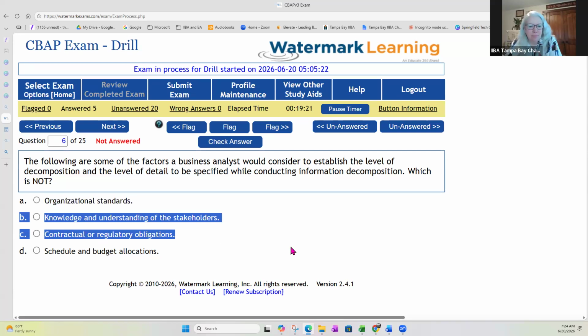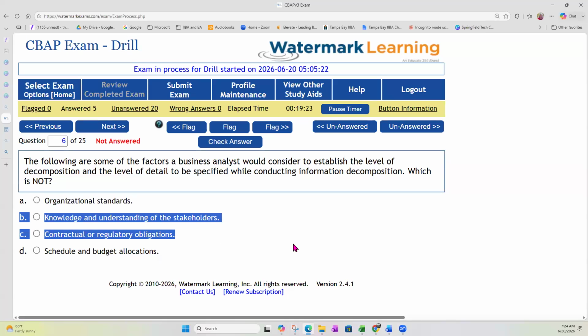Right. The contractual regulatory obligations, what constraints are we facing? What we need to do to avoid those constraints, those penalties?